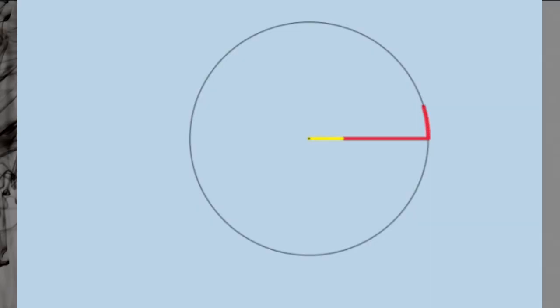I shifted this red line, that is equal to the radius, on the circumference. So this is equal to 1 radian. If I shift again this yellow line, that is again the radius, the angle subtended at the center is now 2 radian. Now it is 3 radian.